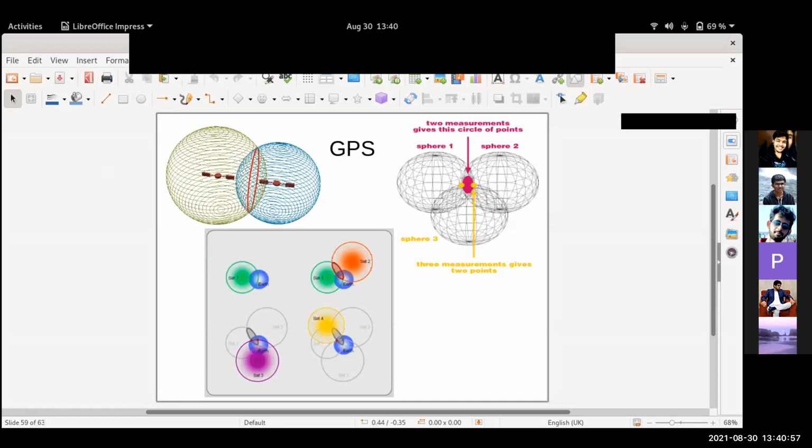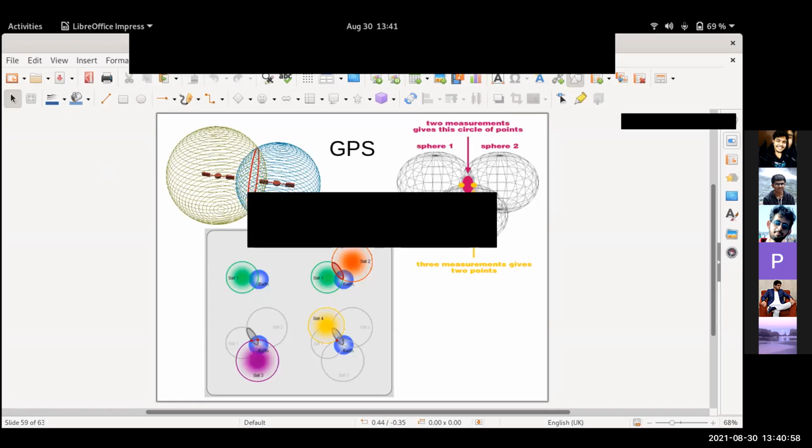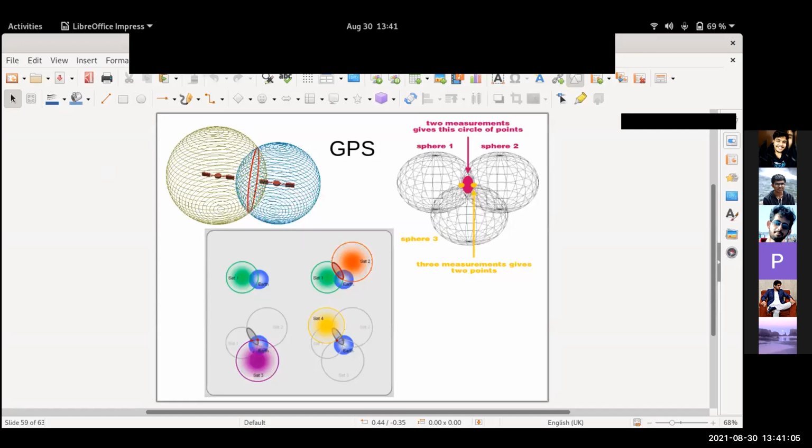See, the satellite is not directly transmitting the time. Even if it transmits the time, how long the time has elapsed from the satellite is not really known, right?